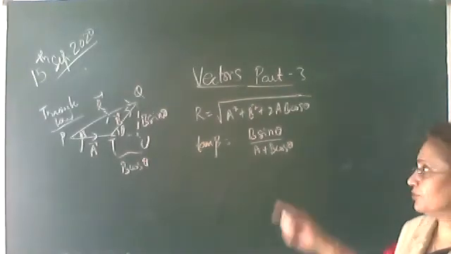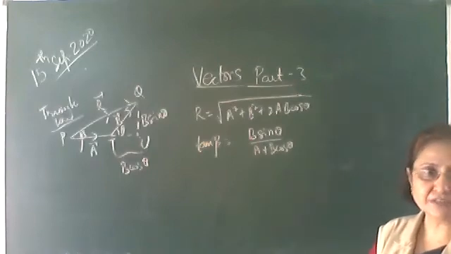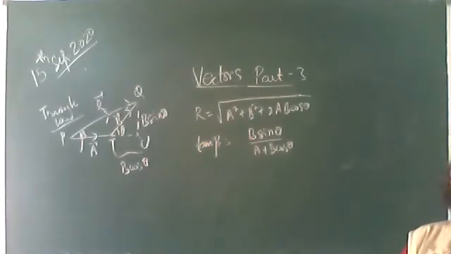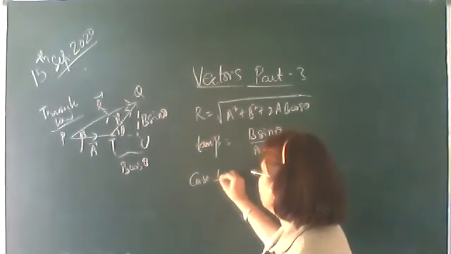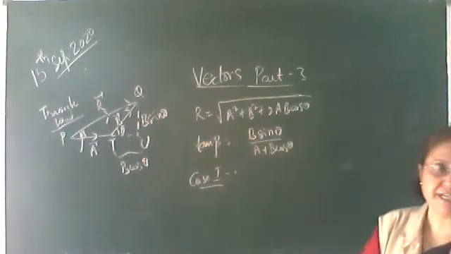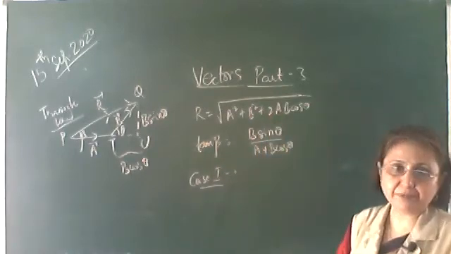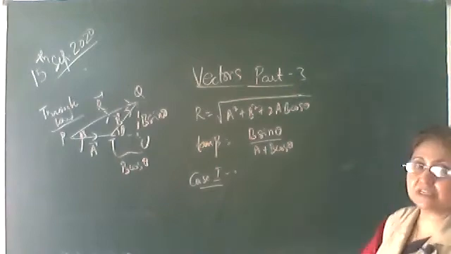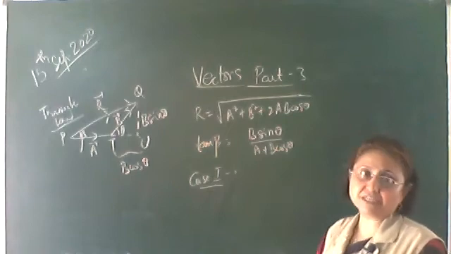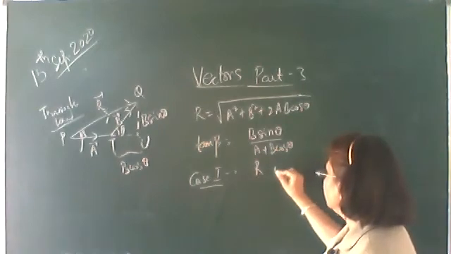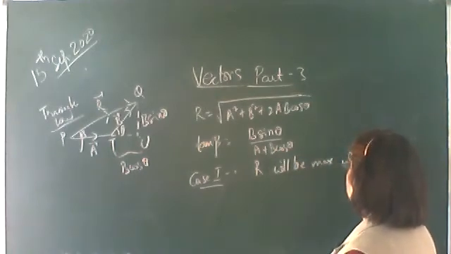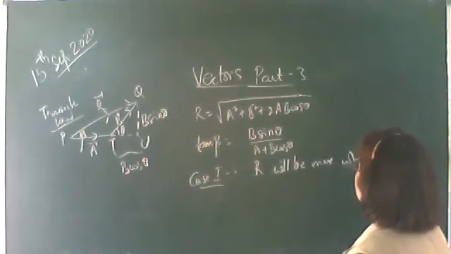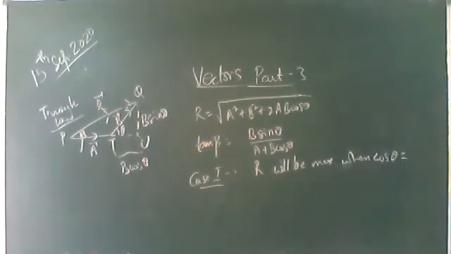Okay, now we come to this magnitude and the direction. Now let's see when is the resultant maximum. Case 1. When will be the resultant maximum for given A and B? When cos theta is maximum, R will be maximum, and the maximum value of cos theta we know is 1. It cannot be greater than 1.